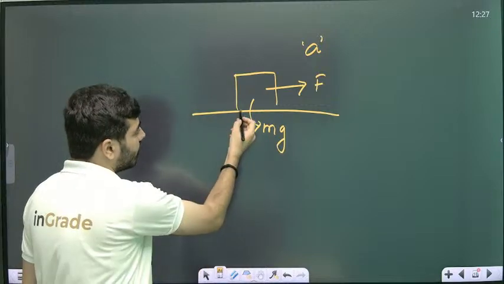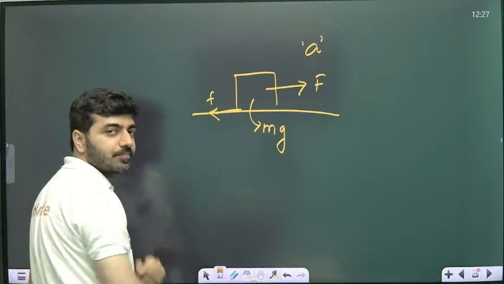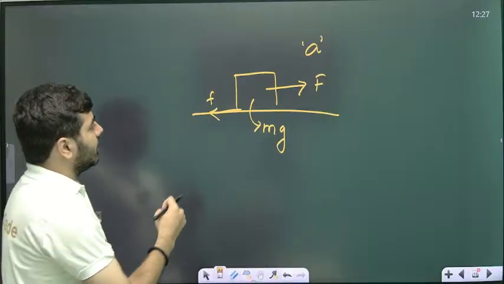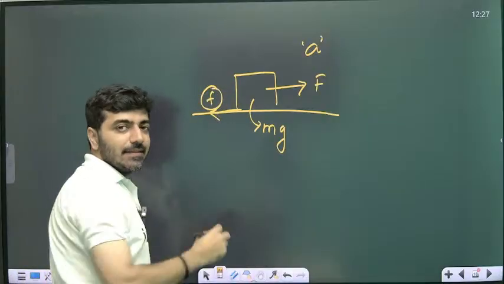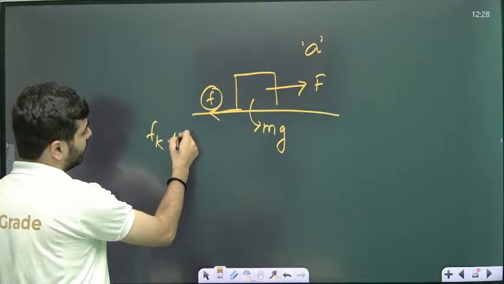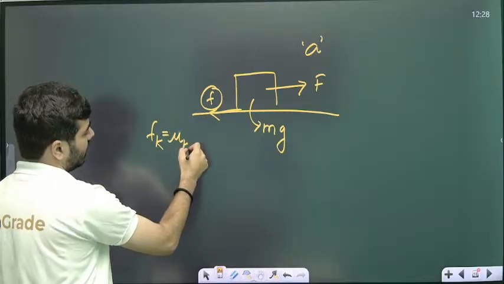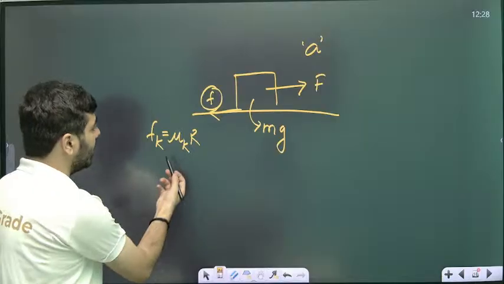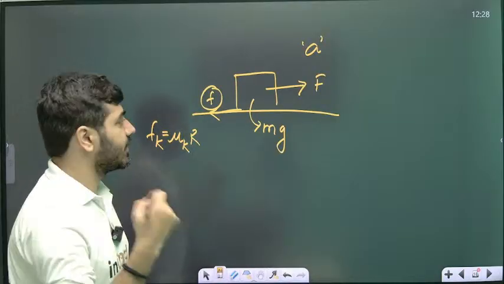Then friction always opposes the motion. Okay. Then what kind of friction is this? This is a dynamic friction. Fk will be mu k R. R will be the reaction force and mu k will be the coefficient of dynamic friction.